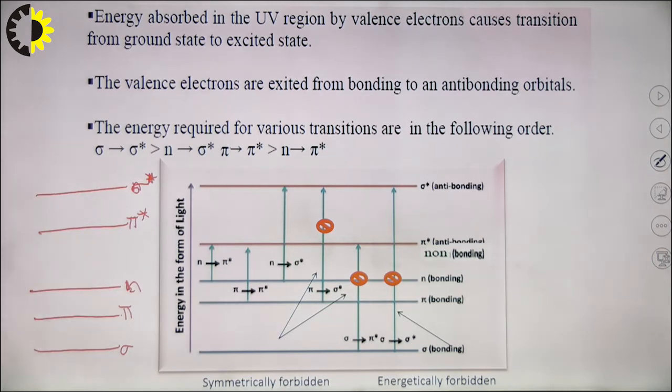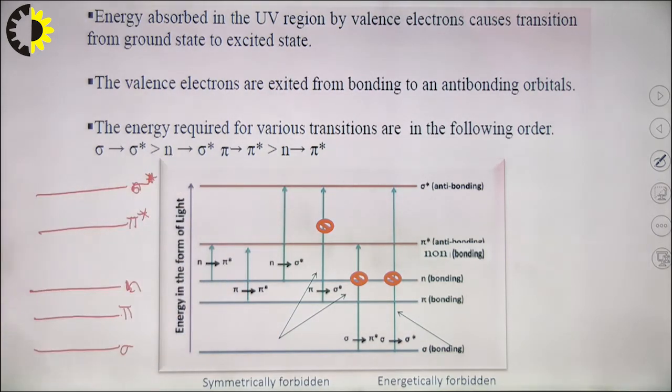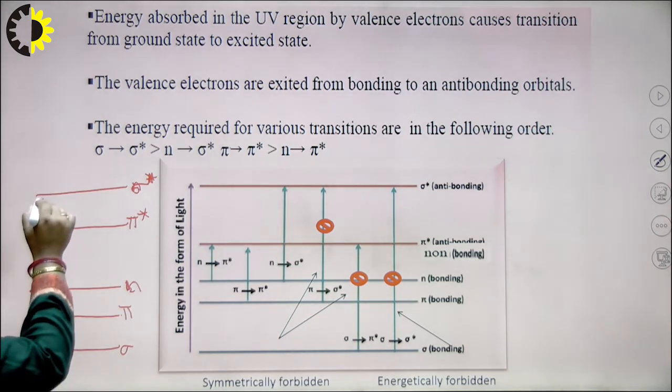Energy absorbed in UV region by valence electrons causes transition from ground to excited state, and the energy required for various transitions has the following order. Basically, the first transition is sigma to sigma star.